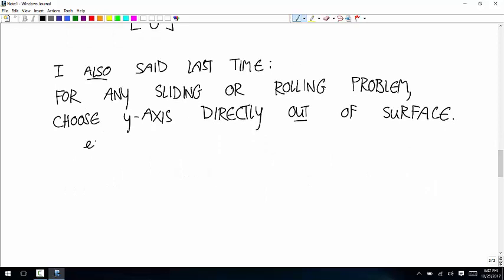So, for example, if your surface is like that, your y-axis would be perpendicular to it like this. And then the x-axis can only be this way because coordinate systems have to be rotated versions of the normal one. It can't be flipped versions. So if you did the y-axis like this and then put the x-axis down, that would be taking that original coordinate system and flipping it before you rotate it.